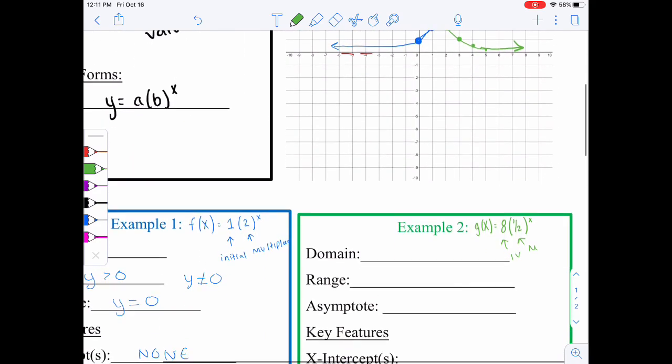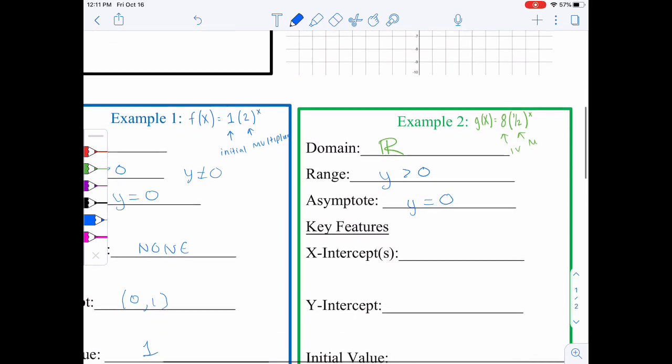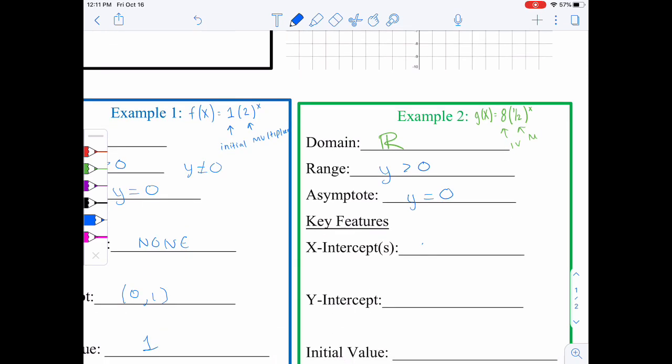So let's take a look at our domain. Our domain will be all real numbers. Our range is all of the y's greater than 0. We once again have an asymptote at y equals 0, that we will approach 0 but never touch it. We have no x-intercept.